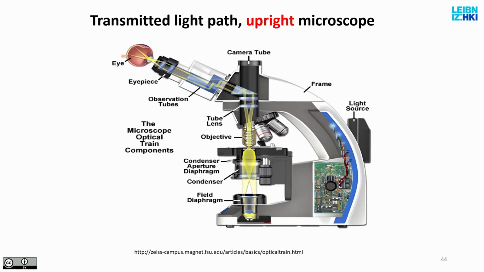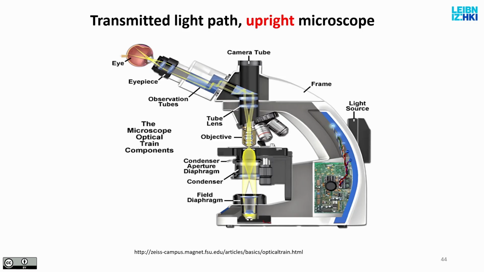These are the objective lenses, the sample itself, the condenser lens, and the illumination comes from the other side of the sample. As you will see, and you probably have seen microscopes before, for practical reasons, usually there is more than one objective lens installed on the microscope, so you don't have to take one off to be able to use a second one. They sit on a rotatable turret.